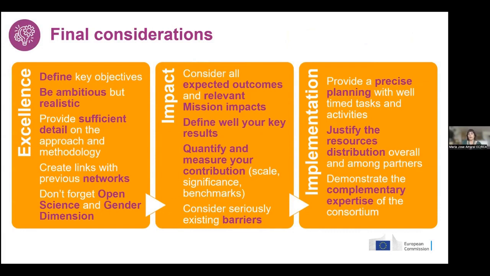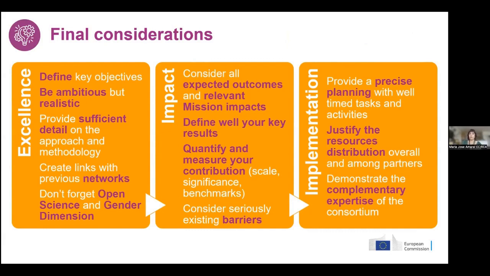So just some final considerations, and again, repeating myself, under excellence, really define well the key objectives, be ambitious but realistic, provide sufficient detail on your approach and methodology, and create links with previous networks and projects. Again, Paula has already defined some that are included in the topic text, but really explain how this would be achieved.